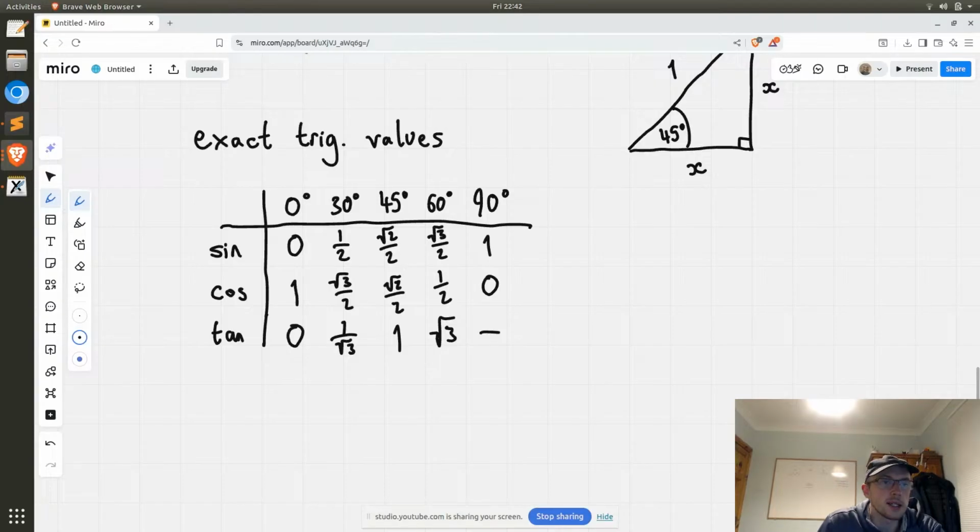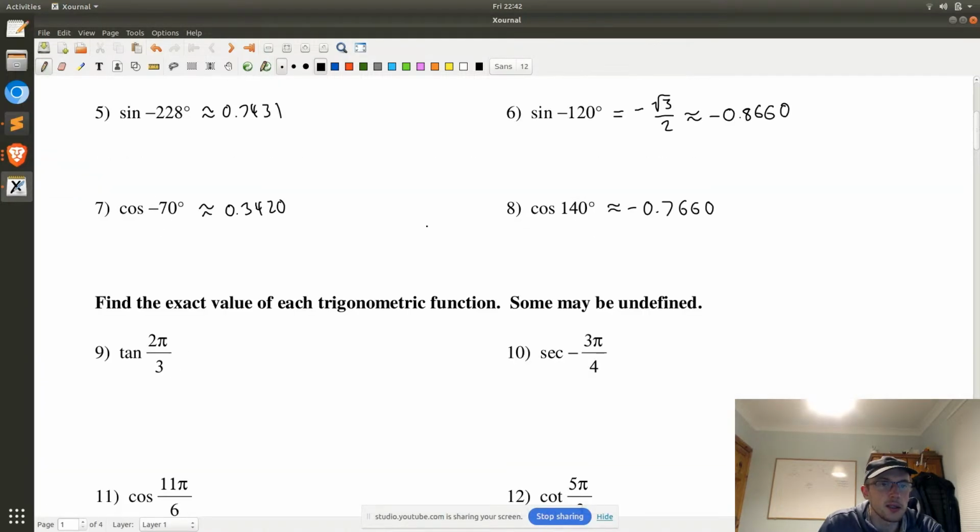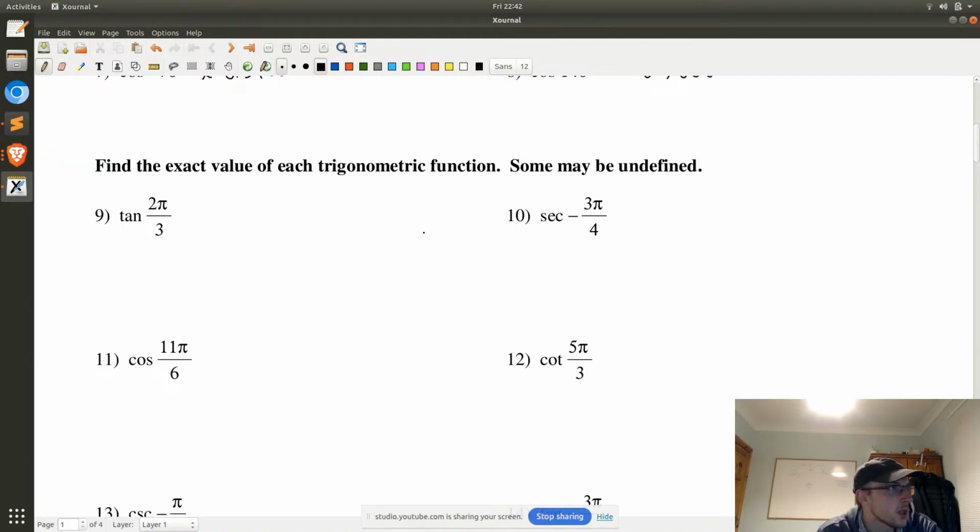With all that said, I'm going to get into the questions now. Because I really want to. Find the exact value of each trig function. Some may be undefined. Find tan of 2 pi over 3.